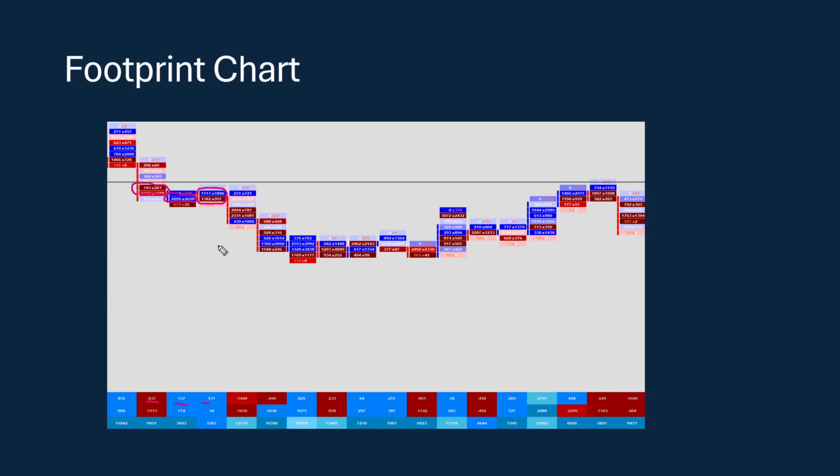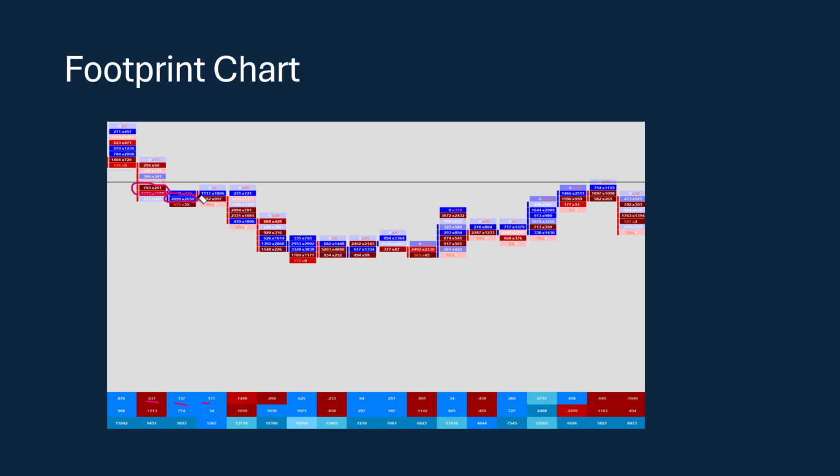And as we broke this 47s, immediately at 46s we saw aggressive selling. 2,900 and 2,094 contracts, 2,331 contracts.